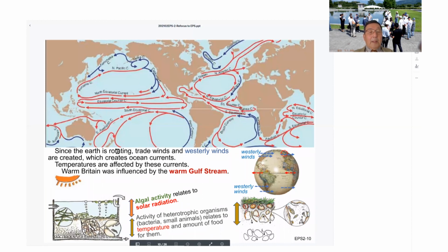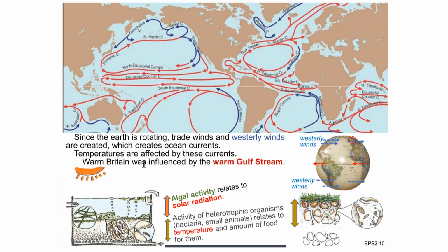Since the Earth rotates, the trade wind and westerly wind are created, which create ocean currents. Temperature is affected by these currents. Britain was warmed by the warm Gulf Stream. Therefore, the United Kingdom is always warmer than the United States.